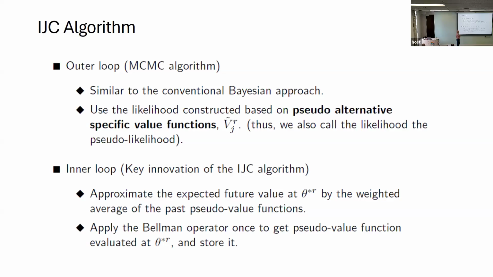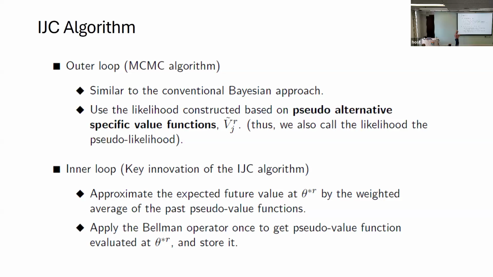We can store them. And when you get to a trial parameter vector, what you would do is look at the past memories and retrieve the value functions that were evaluated at different parameter vector values. The ones that are closer to the one you're currently looking at, you use to form an average, an estimate for the value functions. Another trick is that you don't actually solve the value functions exactly. You solve them partially during the estimation process.